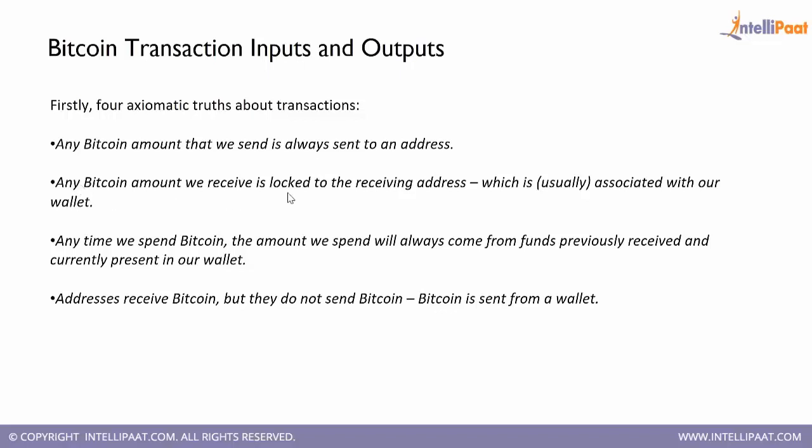Any Bitcoin amount we receive is logged to the receiving address, which is associated with our wallet. Anytime we spend Bitcoin, the amount we spend will always come from funds previously received and currently present in our wallet. Addresses receive Bitcoin, but they do not send Bitcoin. Bitcoin is sent from a wallet.